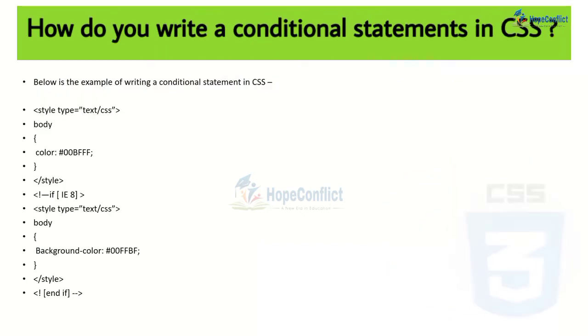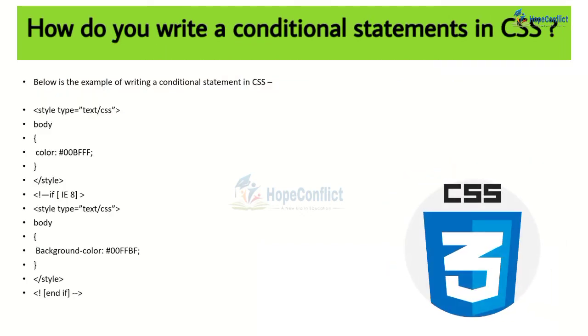The next question is, how do you write a conditional statement in CSS? Can you give me an example? So they want to understand your understanding of how to write conditional statements. So let's check it out. To write that condition, I have written a condition where if IE is equal to 8, then apply this style.